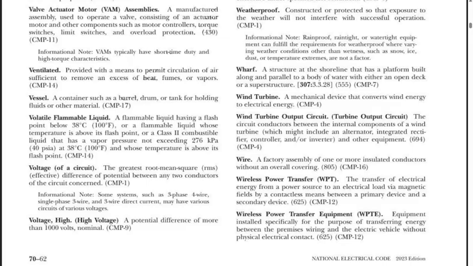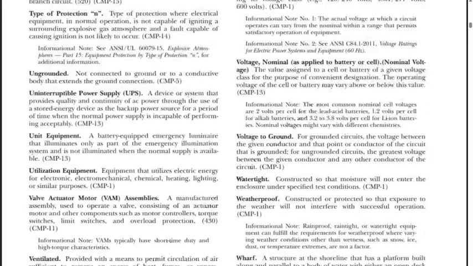If you work in the world of electronics, high voltage could be 5 volts. But for us, in the code book and for general electrical concerns, high voltage is a potential difference of more than 1,000 volts. So make sure you have that highlighted. High voltage: more than 1,000 volts.